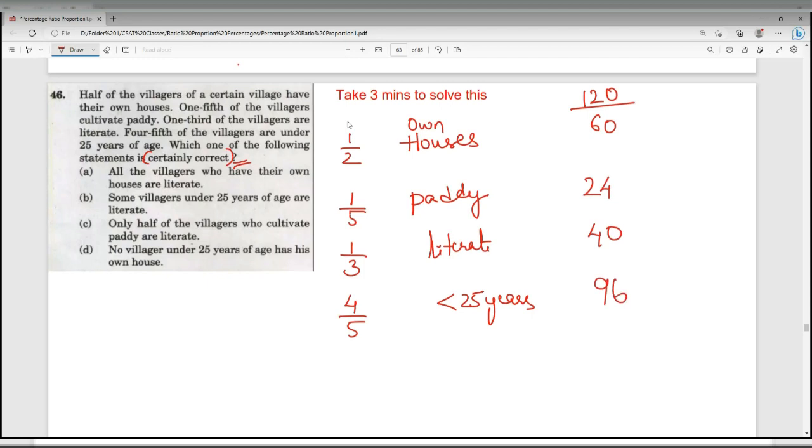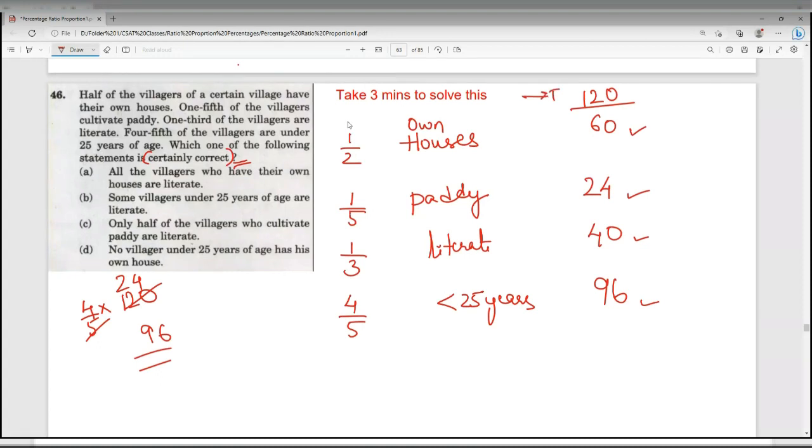So 4/5 into 120. You want to see this? This would be 120. 5 2s are 10, 5 4s are 20, 24 into 4, 4 4s are 16, and 4 2s are 8, 96. This is 96. This is 40. This is 24. This is 60. And the total population is 120.